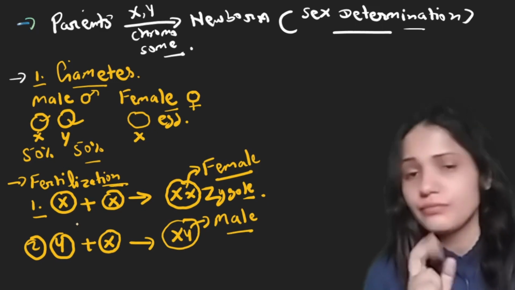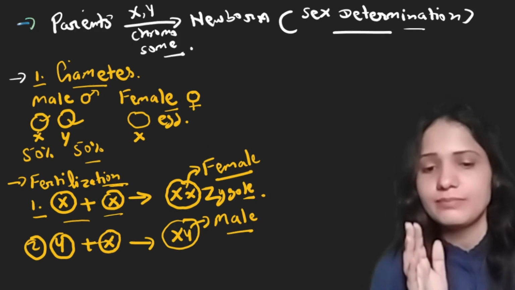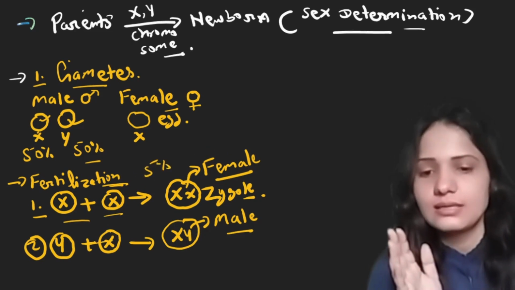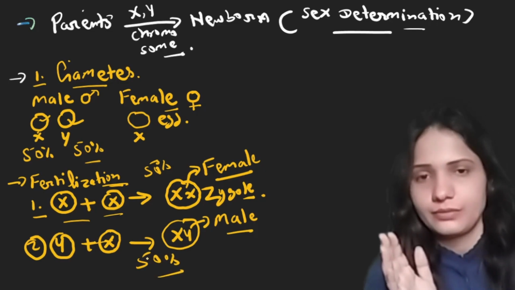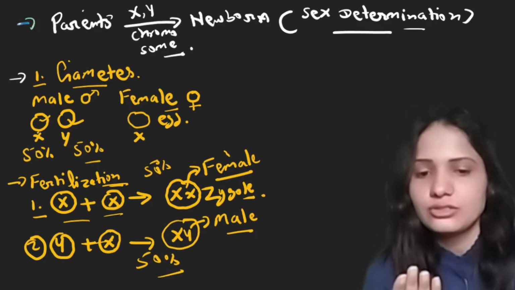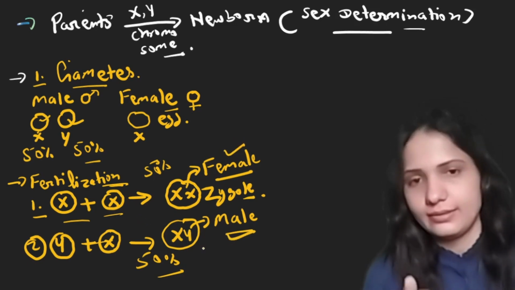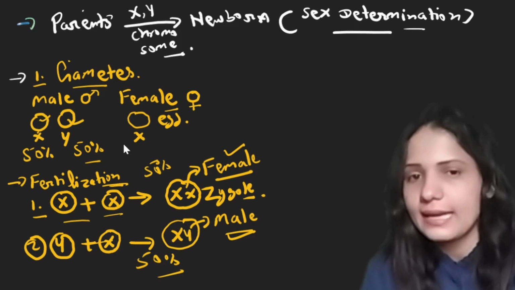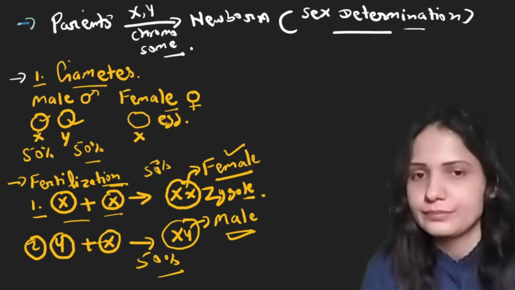During fertilization, we have two possibilities. Now we have 50% chance of this condition and 50% chance of this condition. There are 50% chances of having a zygote which is female and 50% chances of having a male. This is the process of inheritance of sex chromosomes for sex determination.